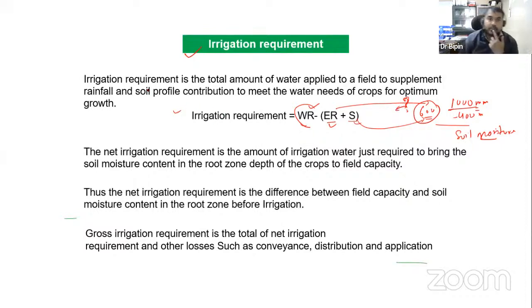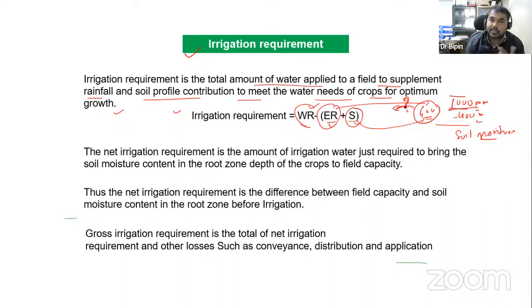That's why it says that irrigation requirement is the total amount of water applied to a field to supplement rainfall and soil moisture contribution to meet the water need of the crop for optimum growth. So for optimum growth of the crop, there was 1,000 mm of water, and of that 400 was contributed from effective rainfall and soil moisture storage.